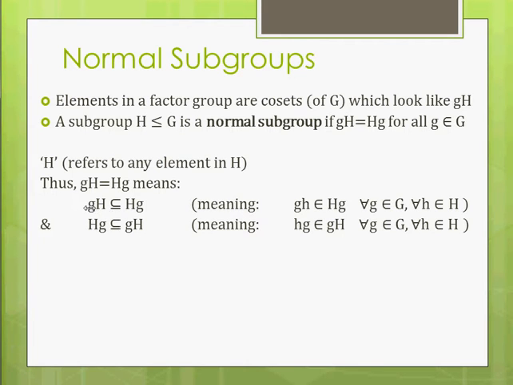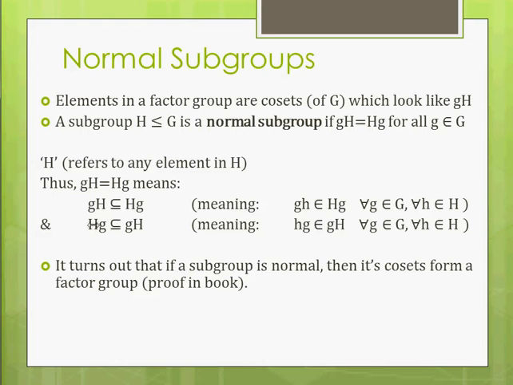So for gH to be in Hg, that means for all elements h in H, that product gh is in Hg. You don't need to worry a million percent about understanding it right now. It's not an issue, but I think by the end it will make a lot of sense to you.